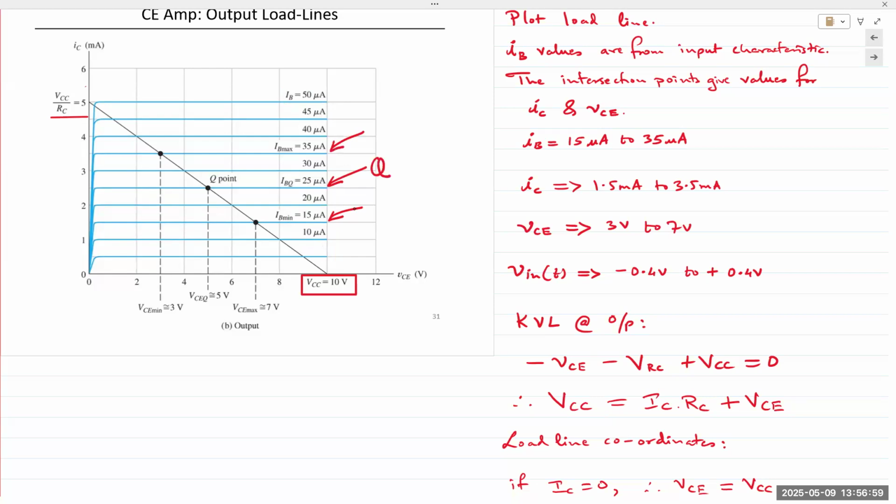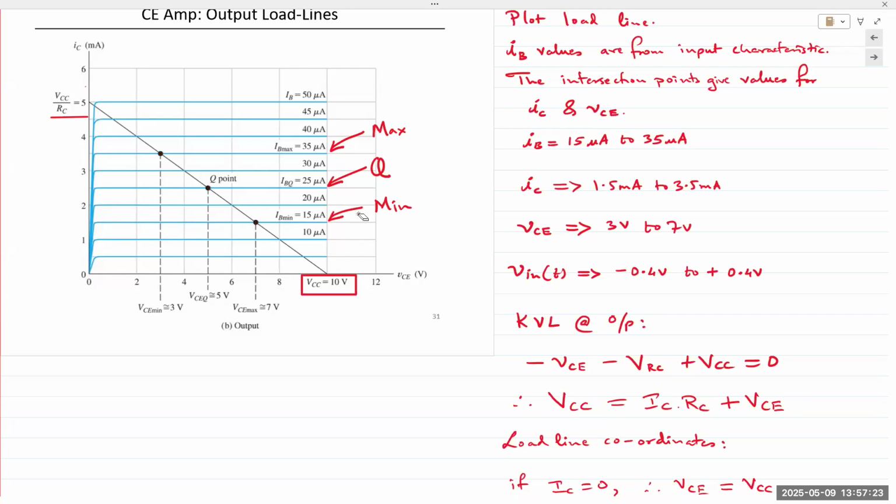This is the line for the original Q point. This is the max, and this is the min. And the intersection point of the load line with these output curves is the solution for IC and VCE.